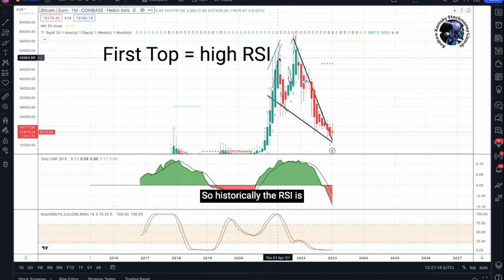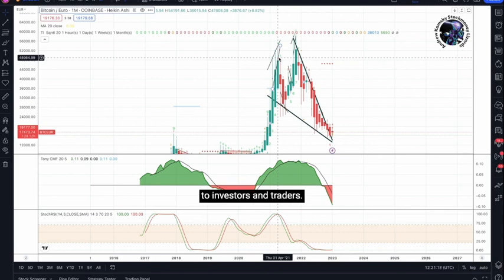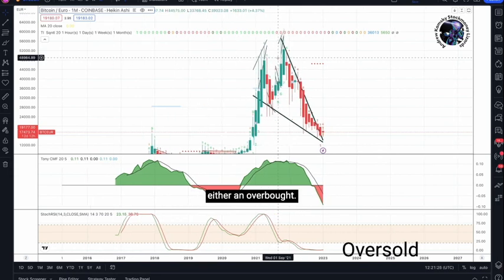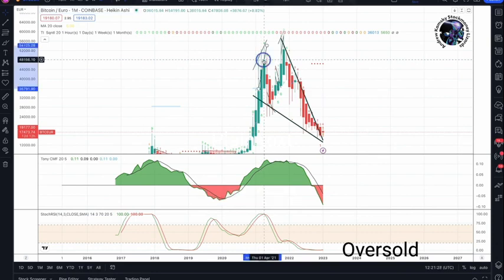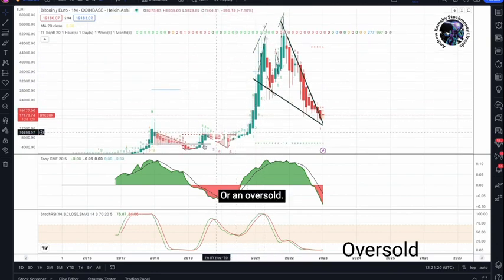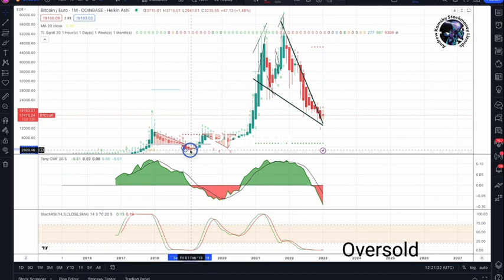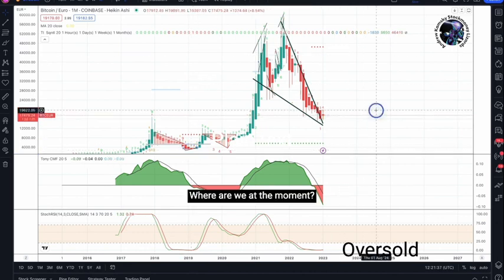So historically, the RSI is a good indicator to signal to investors and traders when the market is losing steam and is in a position of either an overbought or an oversold territory. Where are we at the moment?